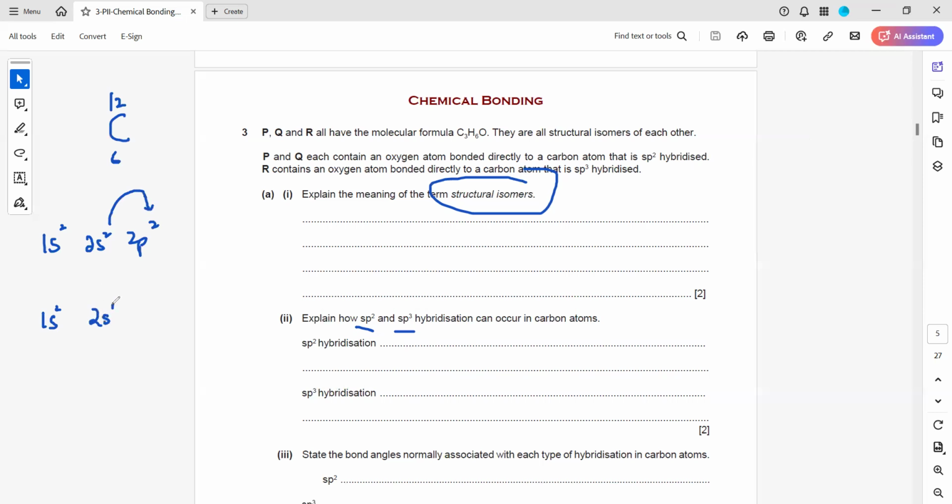So this will become 2s1 and 2p3. So we have 1s, we have 2s, and in terms of energy, when we draw them, this is normally what happens: 1s is having a lower energy, then 2s is having a relatively higher energy, then we will have 2p x, y, and z.